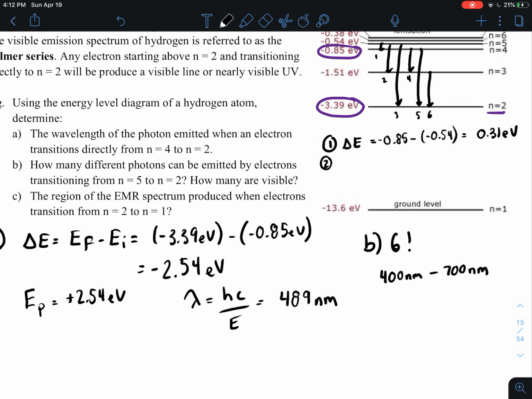Number 2, I'm pretty sure will fit, but let's try it out anyway. The change of energy for 2 is final minus initial, negative 1.51 minus negative 0.54. Okay, so those are some small ones. Number 3.